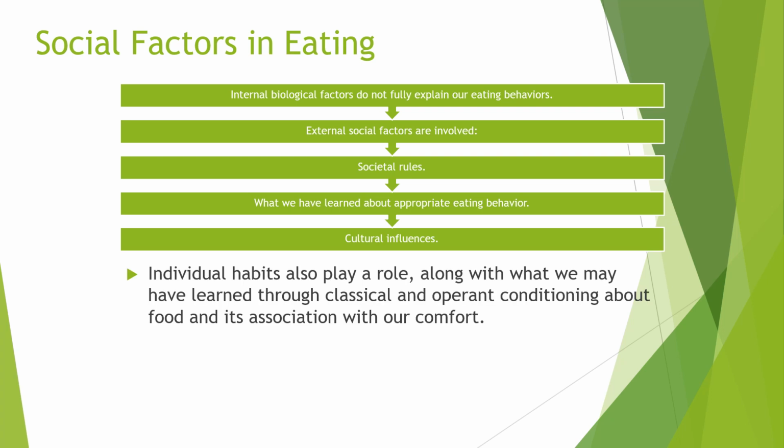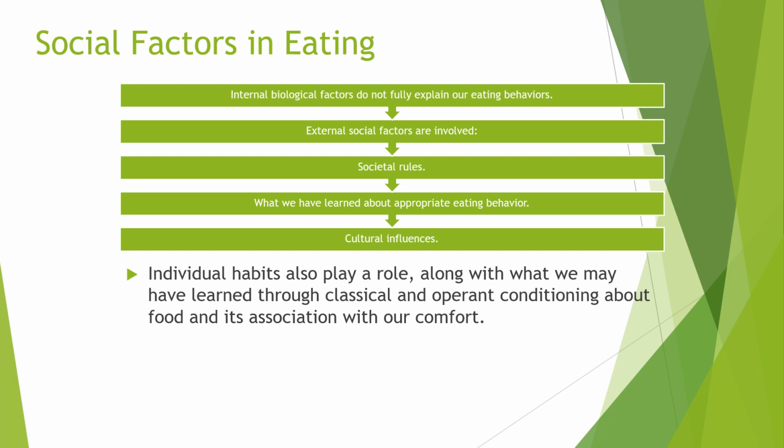Your individual habits also play a role here, along with what we may have learned through both classical and operant conditioning about food and its association with our comfort. There is something true about comfort food. If you feel down and if you feel sad and you eat something that you really enjoy, that's going to release some dopamine in your brain, and dopamine is going to make you feel better.